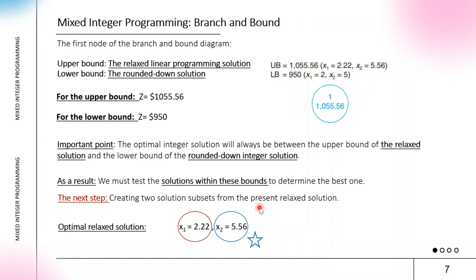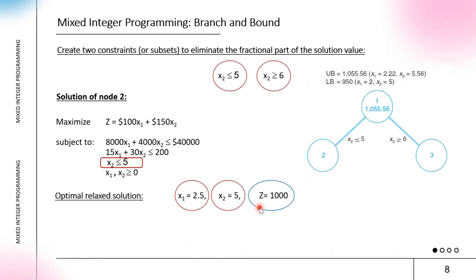Therefore, we select x2 to create branches. Now we split the optimization problem into two new branches, one enforcing x2 be lower than or equal to 5 and the other enforcing x2 be greater than or equal to 6.